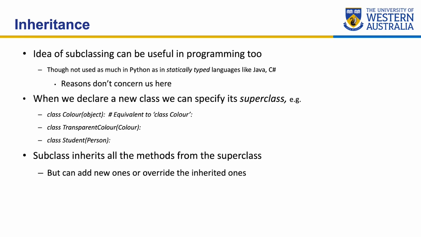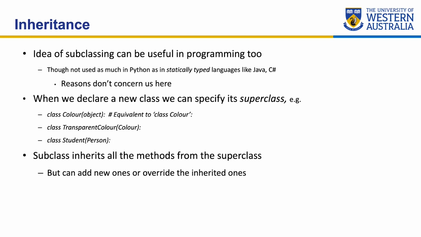So that's where the concept of inheritance comes from, where a subclass can inherit all the methods from its superclass, what we call superclass. Basically, it's a higher class object. Okay. And the way we declare a superclass is very simple. Previously, we had class color, but that's a short form of writing class color, open bracket, object.